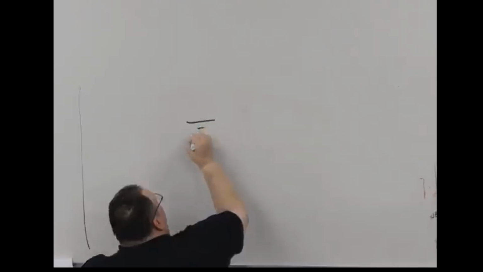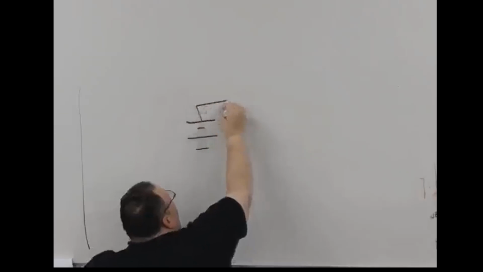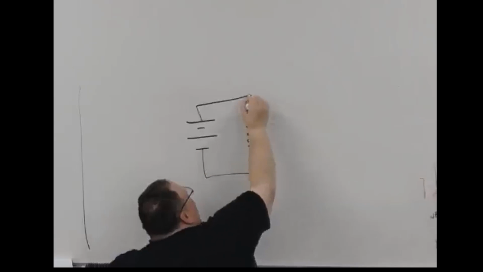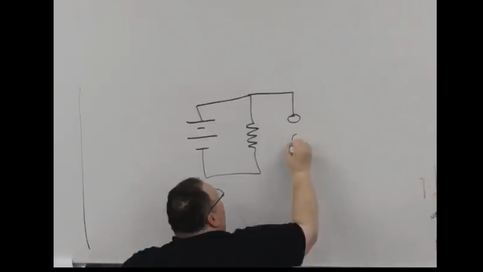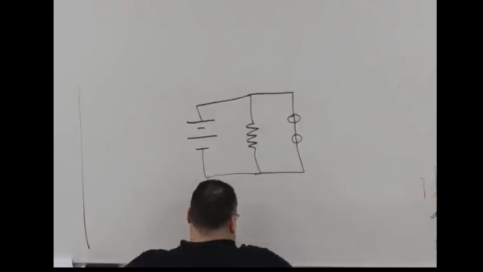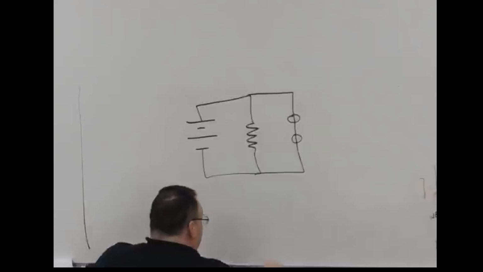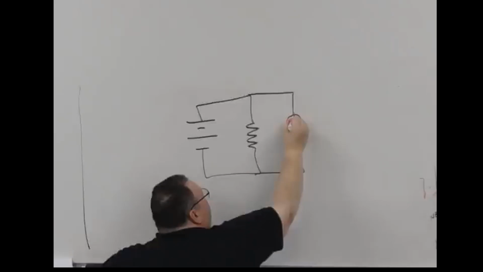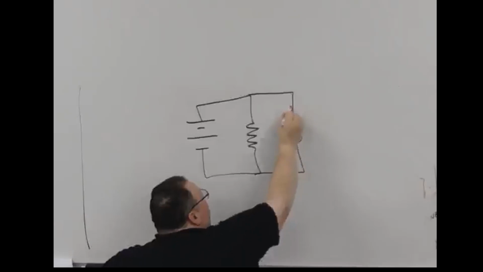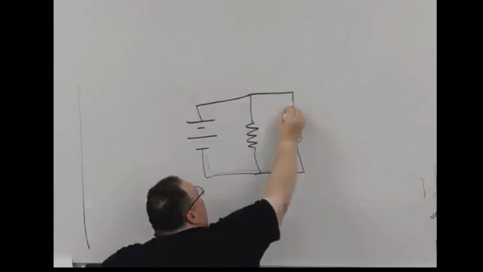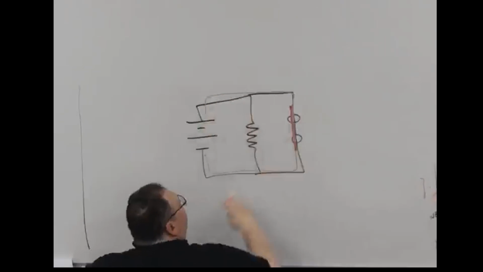The problem with a short in a parallel circuit is they're usually going to be pretty easy to spot. If I have a true dead short across this voltage here, how much resistance will I have across my power supply?